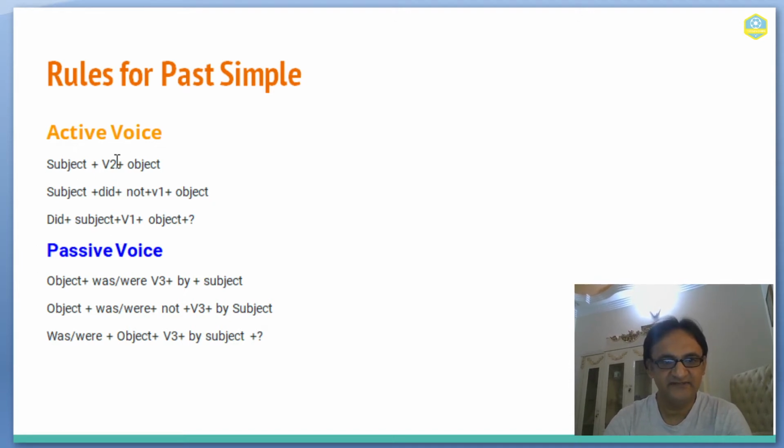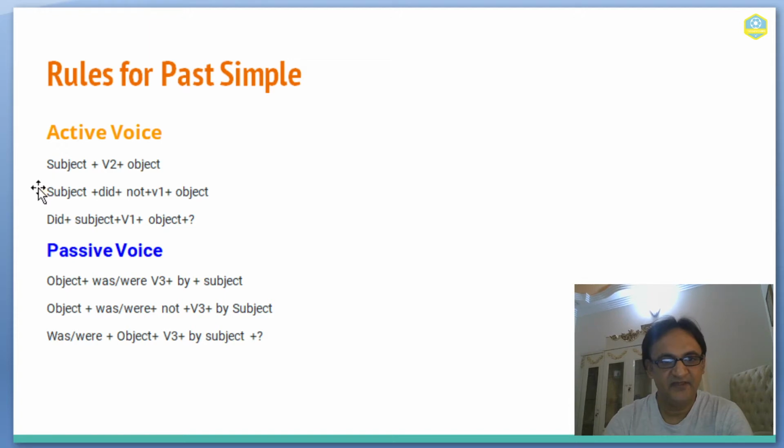So in active voice, as you know, what components are included in a sentence and how to make a simple sentence of past simple. We need the subject, the second form of the verb, and the object.